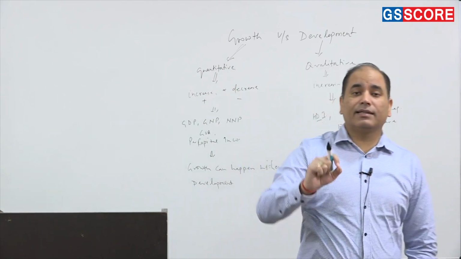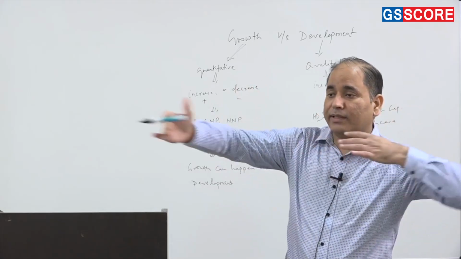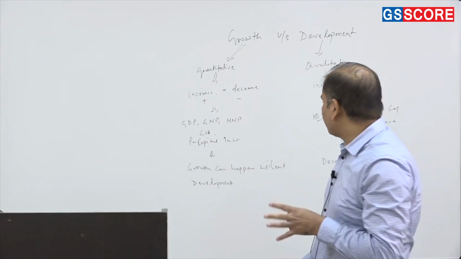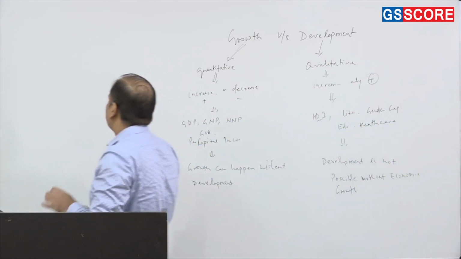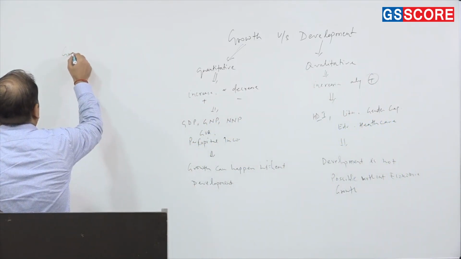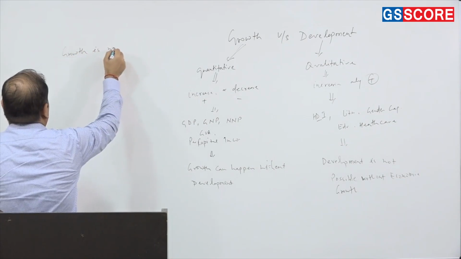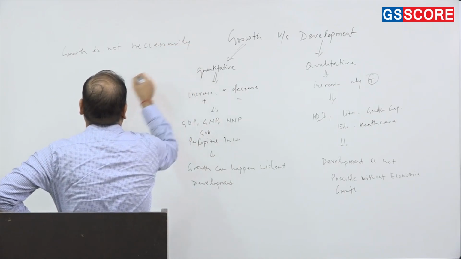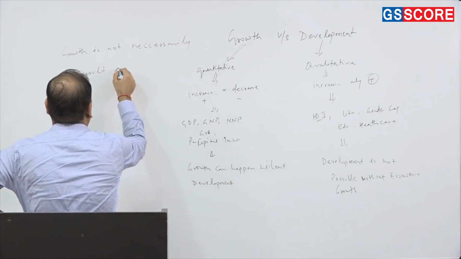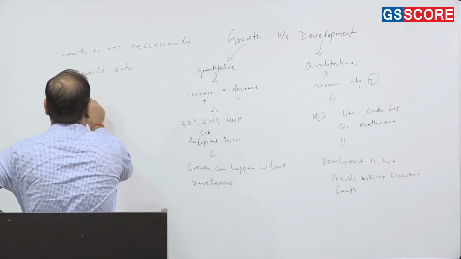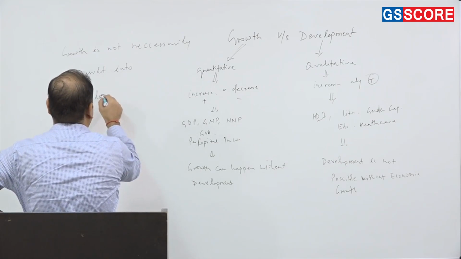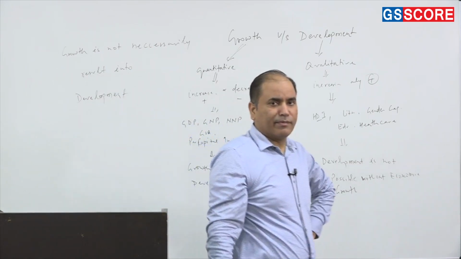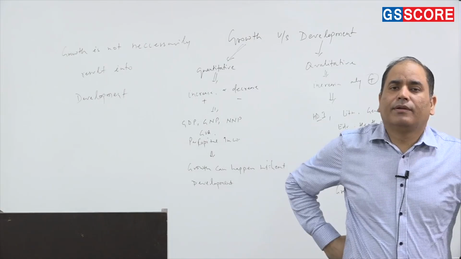It simply means that first growth will happen, then only development, but also every time it is not possible that the growth will result into development. Growth does not necessarily result into development. So, it may, it can, it can't.